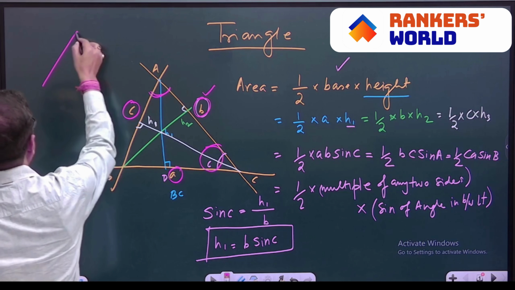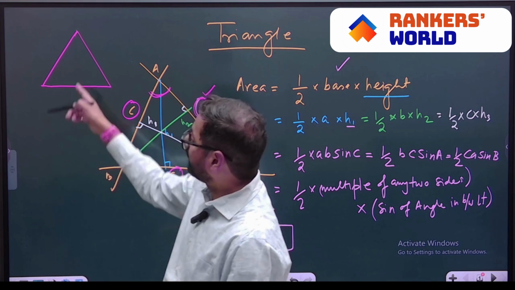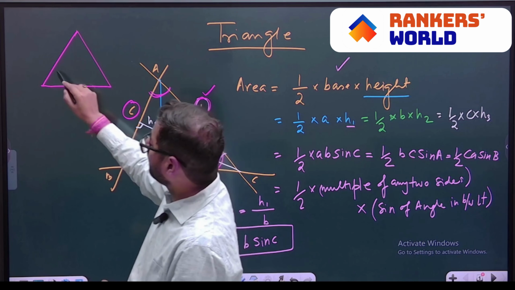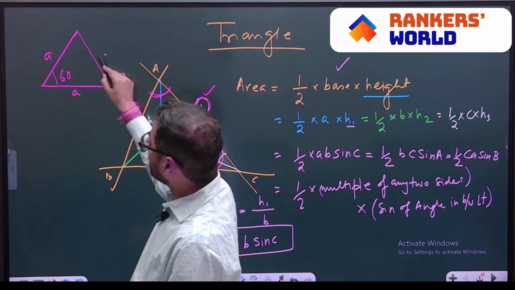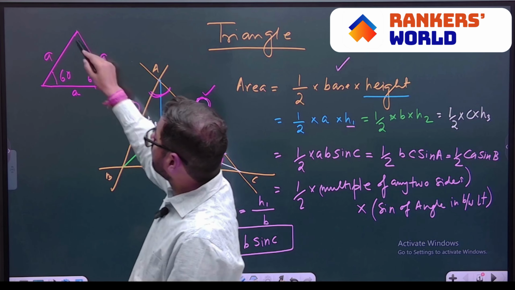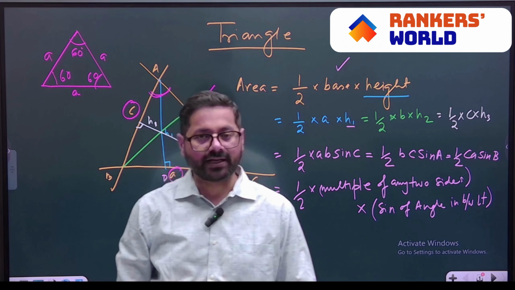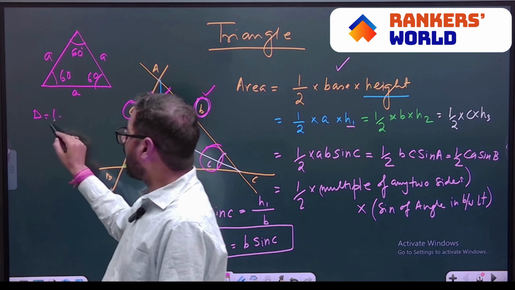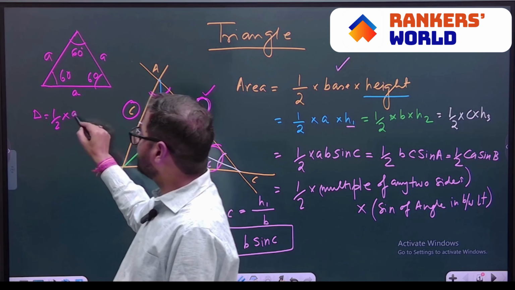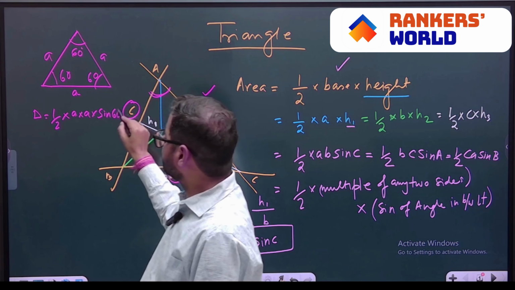I'm just taking another example of equilateral triangle. So I have drawn an equilateral triangle. What happened? This is nothing but 60 degrees and all sides are A. So if I want to find out what is the area of the equilateral triangle, what I need to do, area is half of A into A into sine 60 degrees.